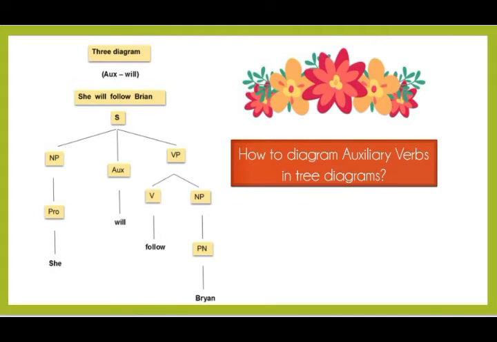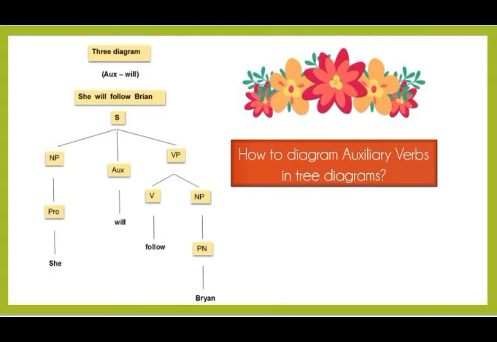And "Brian" is a noun phrase. Why is it a noun phrase? Because a noun phrase could be a proper noun or a series of words that indicate a name. So Brian is a proper noun, right?